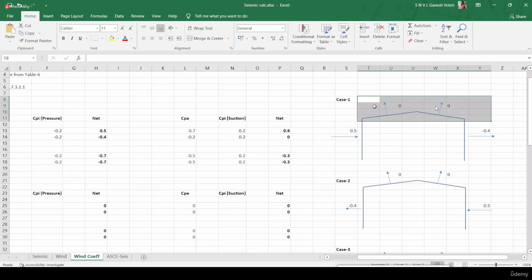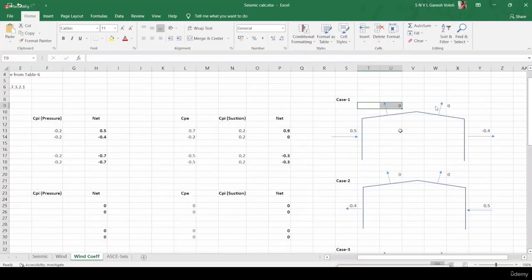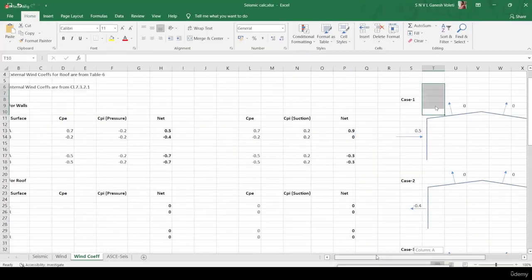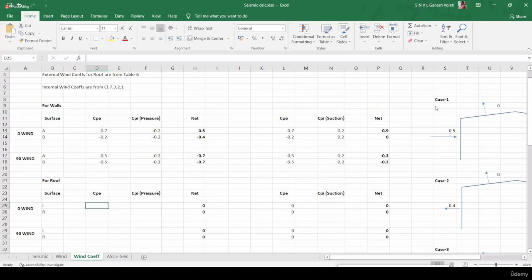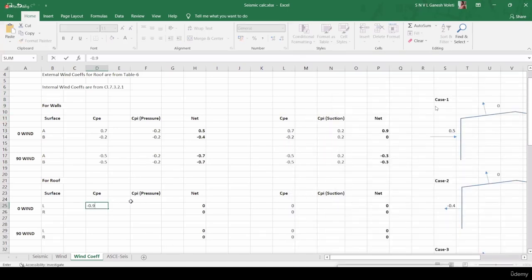We are seeing the roof only, so left roof and right roof. For the left roof, he has mentioned 0.9 for 5 degree slope, which is acting away from the surface, externally, nothing but towards the outside. So what is that value? We have got minus 0.9.